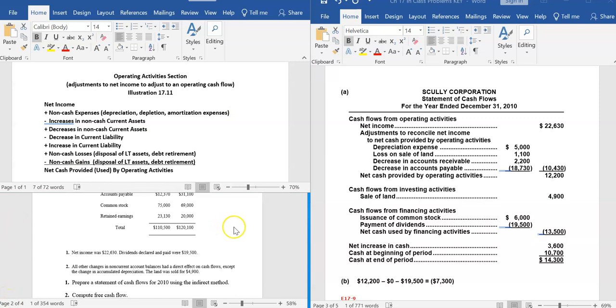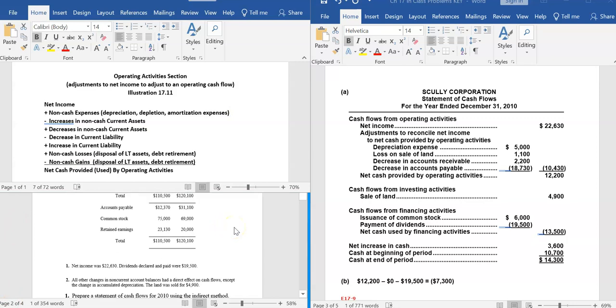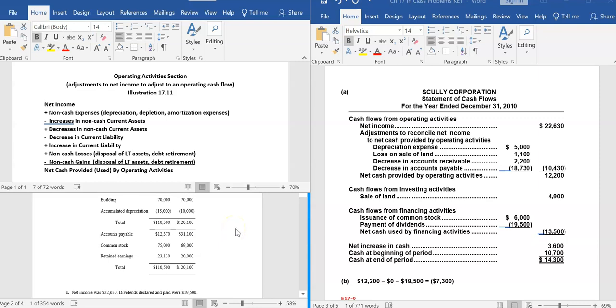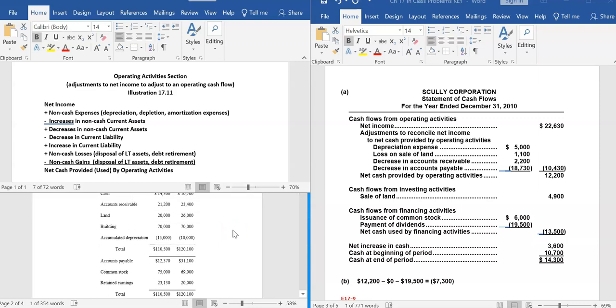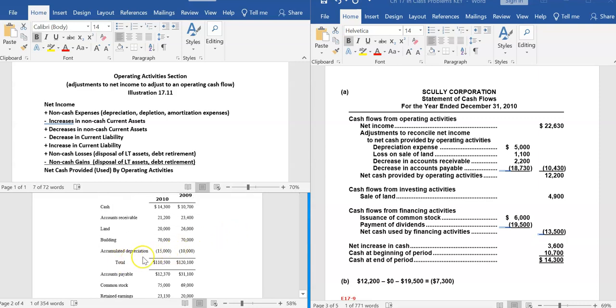In order to figure out the amount of depreciation expense, normally we would go look at the income statement, but we weren't provided an income statement here. We were provided the beginning balance in accumulated depreciation. Last year's ending becomes this year's beginning, and this year's ending balance in accumulated depreciation.